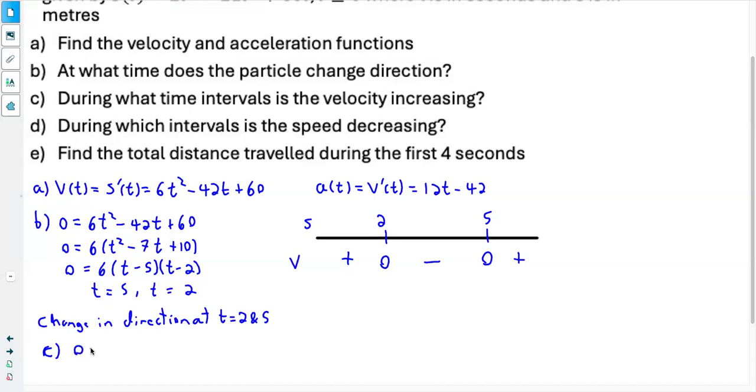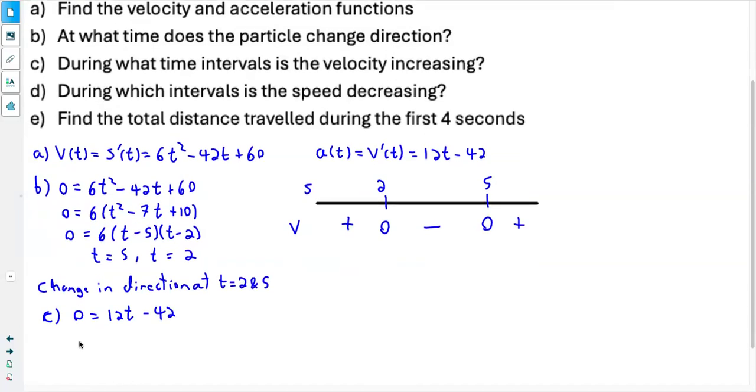So we'll plug 0 in for acceleration, and we know that equals 12t minus 42. Now I would move the 42 to the other side. We've got 42 equals 12t. Divide both sides by 12.